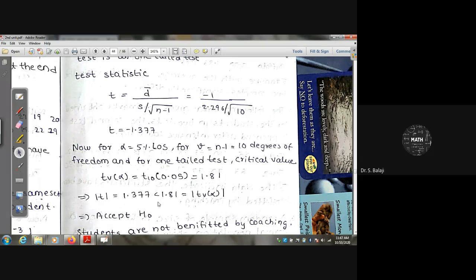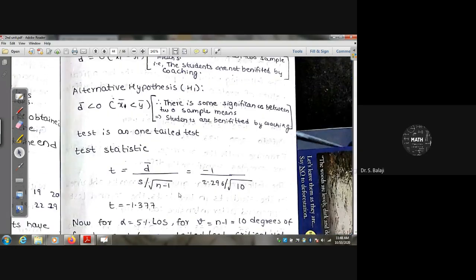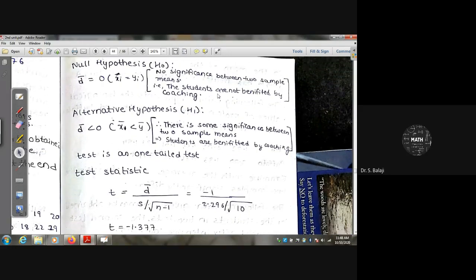Then compare these two values. You identify that the calculated value is less than the table value, that is mod t less than modulus of t alpha here. So we accept H naught. Accepting H naught means there is no benefit from the coaching.